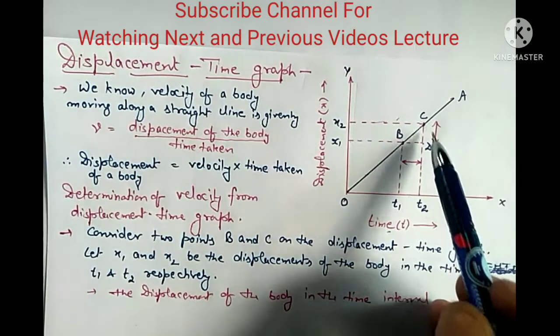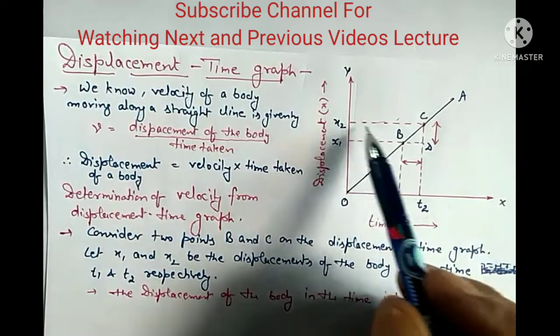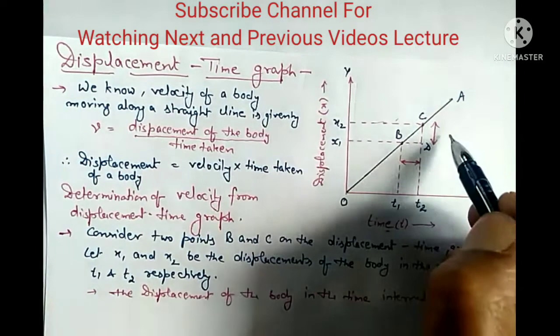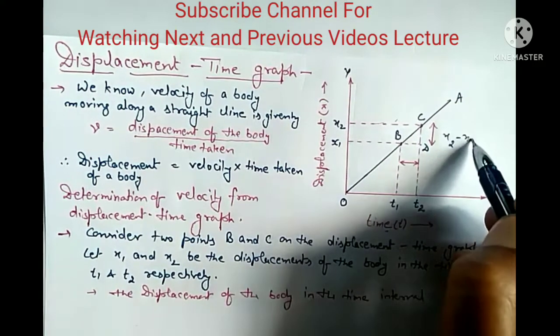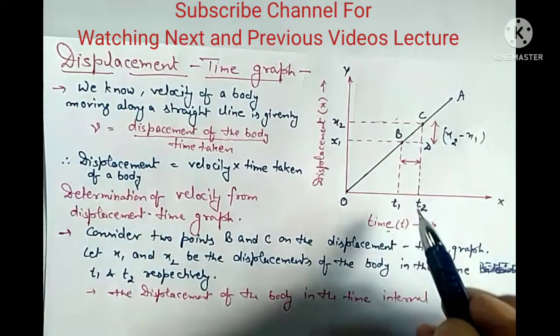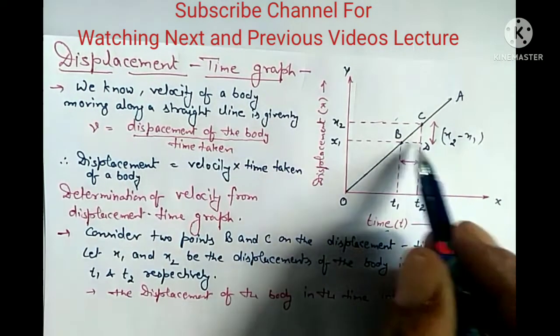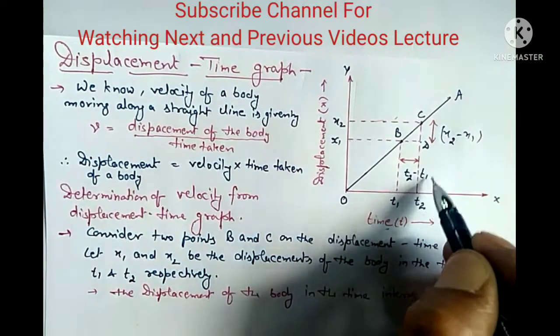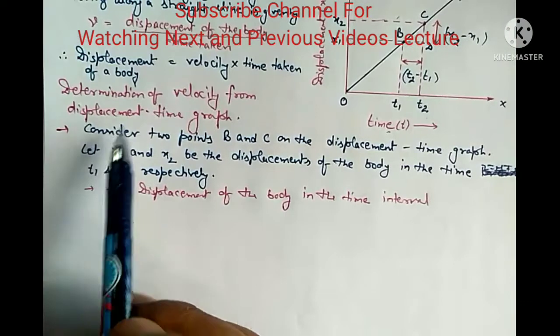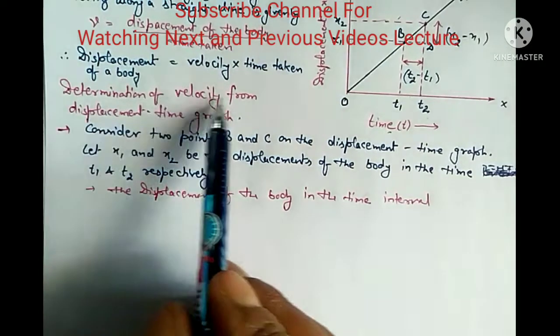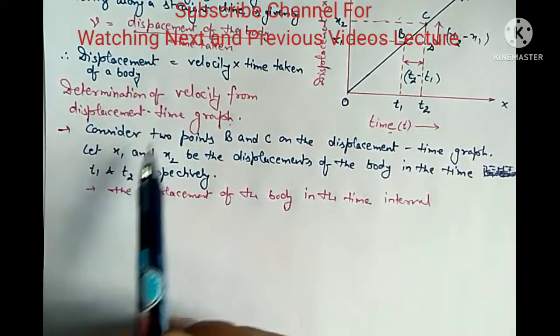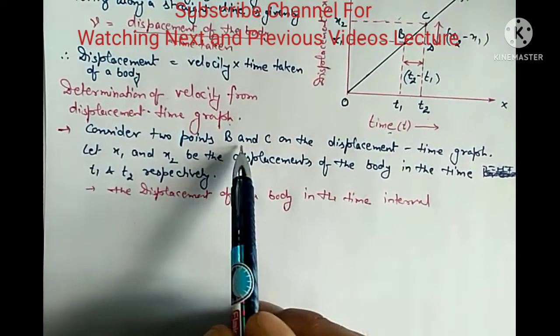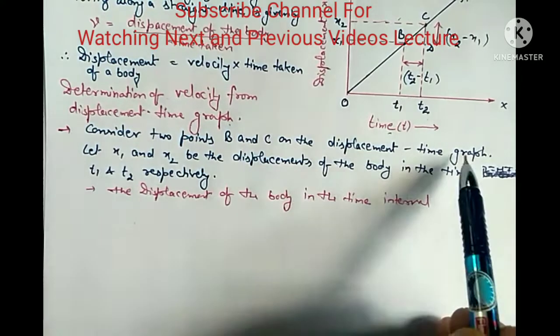Now here CD is equal to x2 minus x1, and BD is equal to t2 minus t1. You may write it this way: determination of the velocity from the displacement time graph. For this, consider 2 points B and C on the displacement time graph.